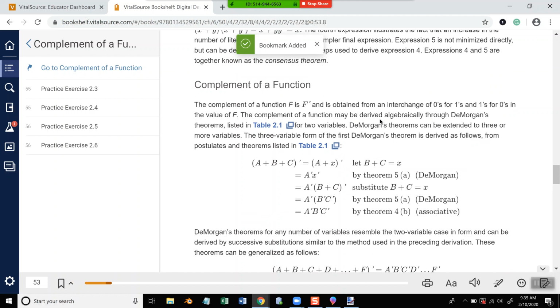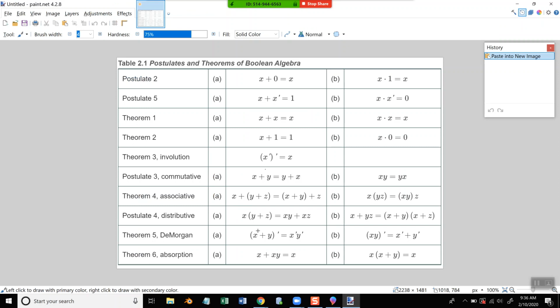So they refer to the complement of a function may be derived algebraically through De Morgan's theorems, listed in 2.1. And that's down here.